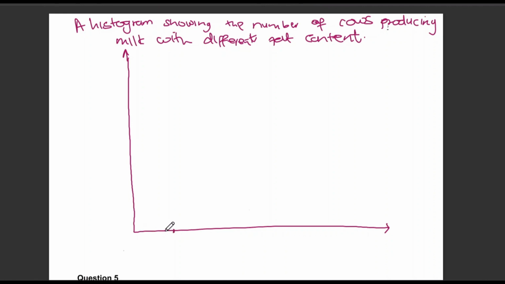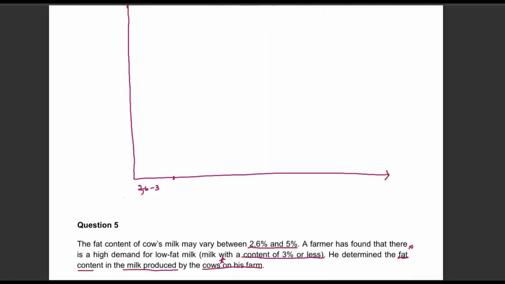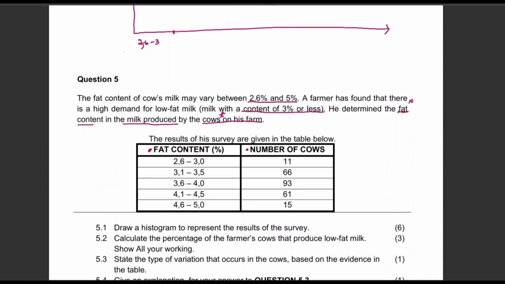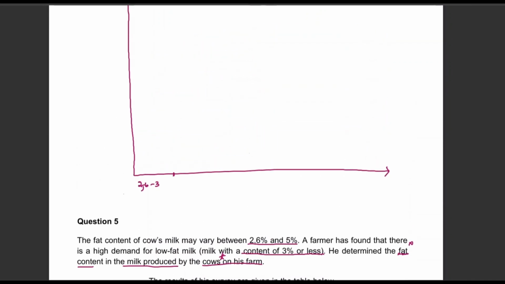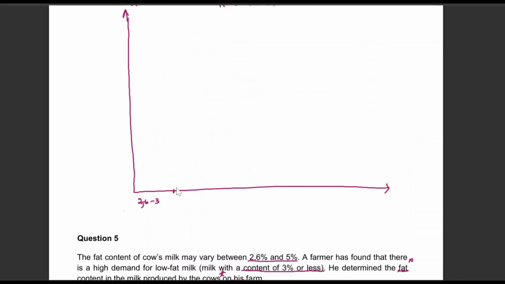So if you are using 2 centimeter, you're measuring 2 centimeter here for the first fat content, which is 2.6 to 3. You can actually take a picture of this table. So if you're also drawing the graph with me, take a picture of the table. Then we're going to use that information obviously to draw the graph. So 2.6 to 3%. So that will be the space for the first bar.